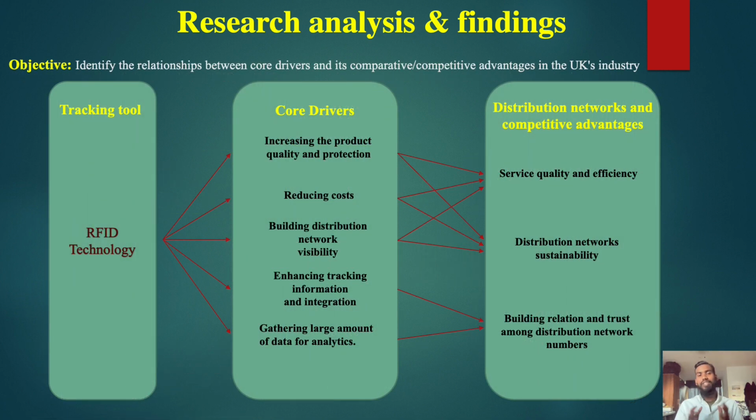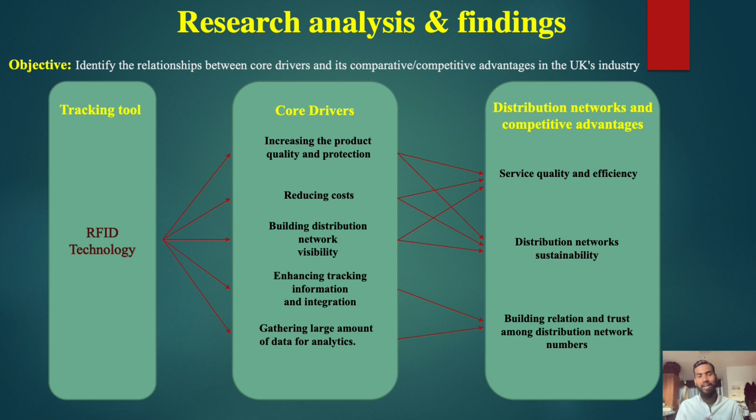Last but not least, my third objective, which was to identify the relationship between the core drivers and their comparative or competitive advantages in the UK industries, where I found the tracking tool.